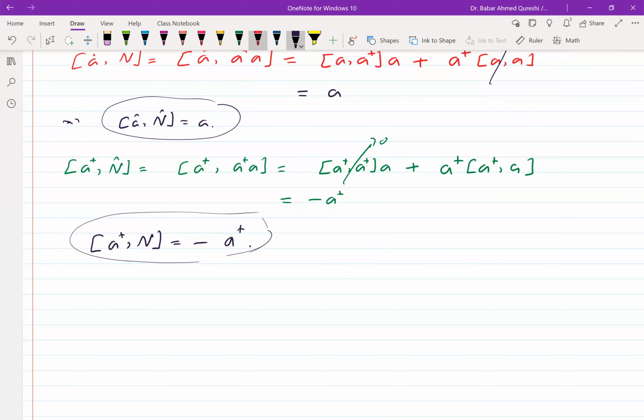Consider that you have an eigenstate n, any arbitrary eigenstate of n, the number operator. Then if I act with A hat on this state, I'll get something new.